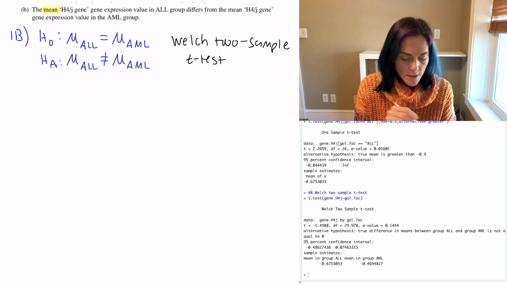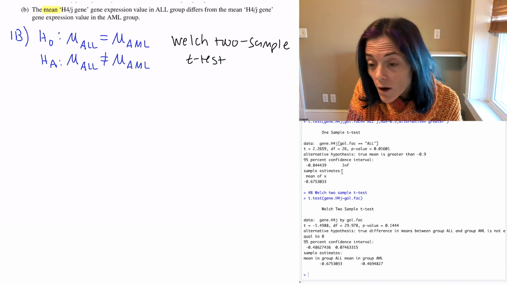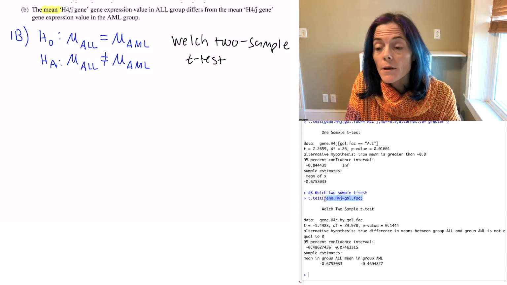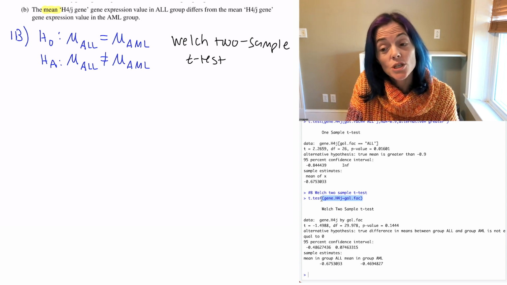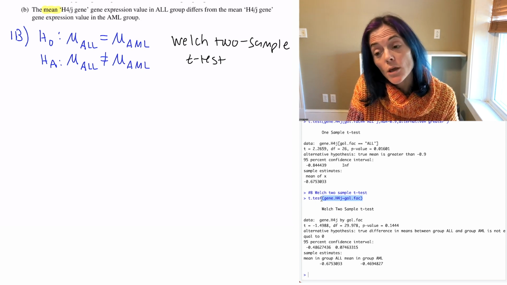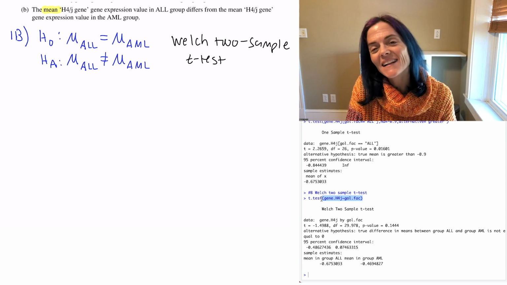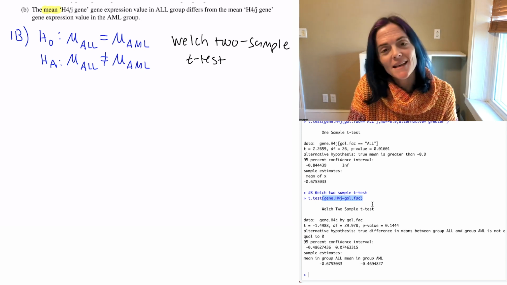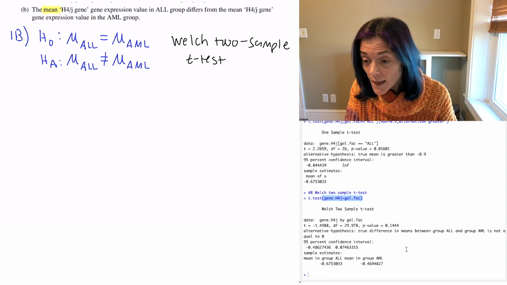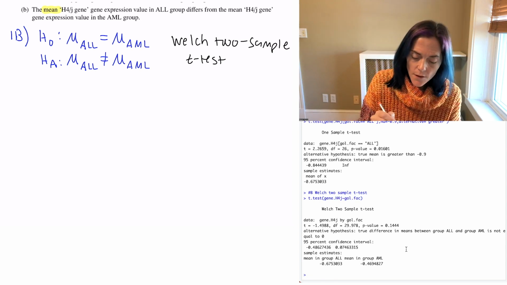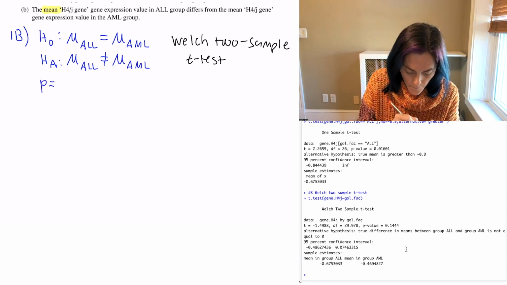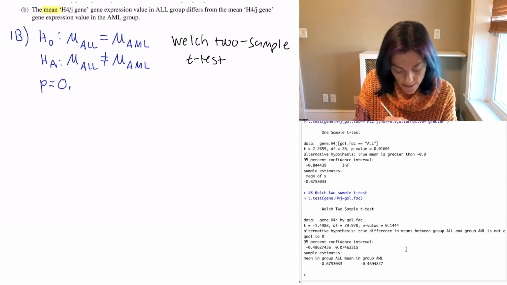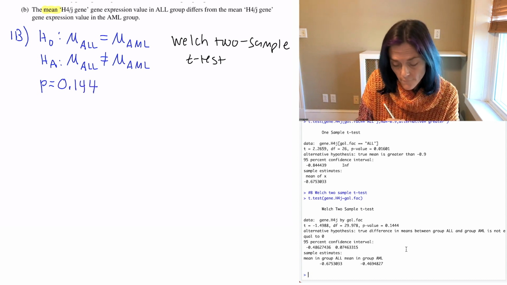I have used here in R, where I am measuring this gene.h4j using the factor gol.fac. We discussed this in our lecture video. Here we go. This p-value is 0.1444.